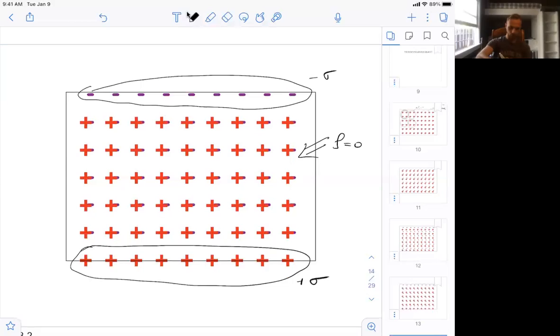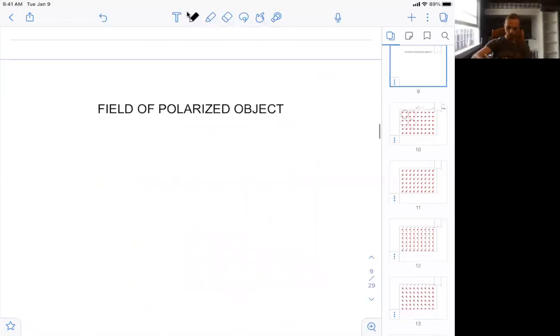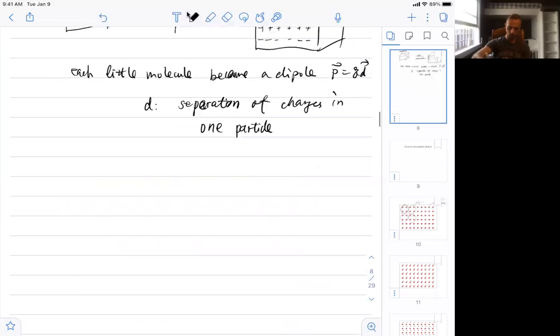Now let's see if we can calculate how big the sigma is, how much charge density that is. Sigma on the top, by the definition of charge density, is total charge divided by surface area.